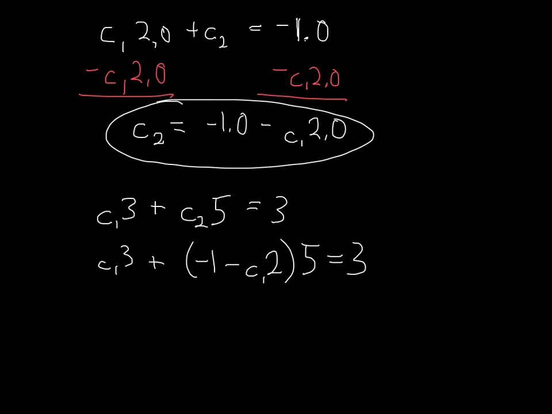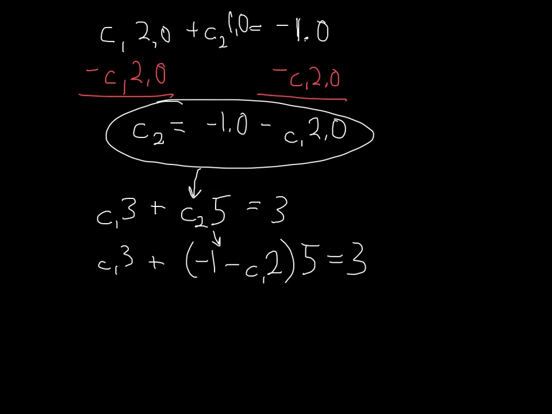I have C1 times 3 plus C2 times 5 equals 3. She's talking about the first one: C1 times 2.0 plus C2 times 1.0 equals negative 1.0. Okay, so I took this C2 and plugged it in right here to get this.